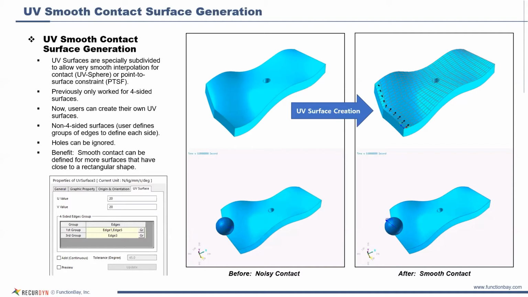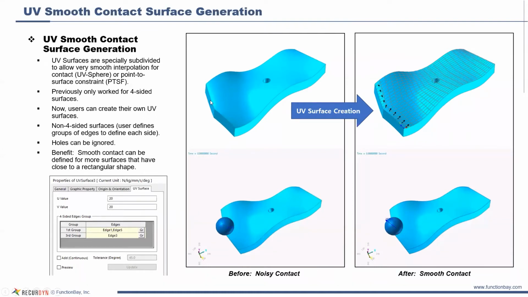And the enhancement in this version is that there's now a utility to create your own UV surfaces. So you don't have to use only a four-sided surface. You could start with something maybe 5 or 6-sided here.